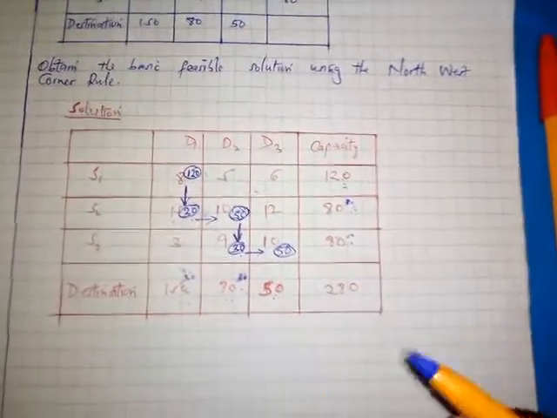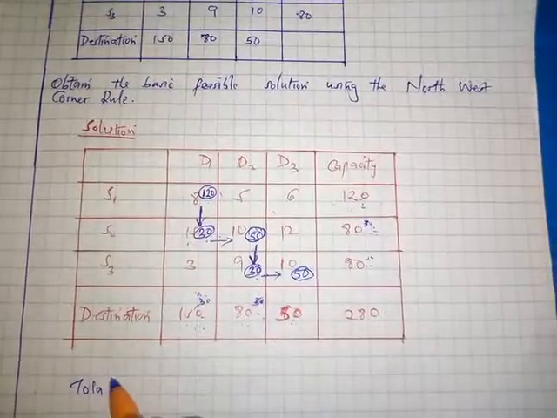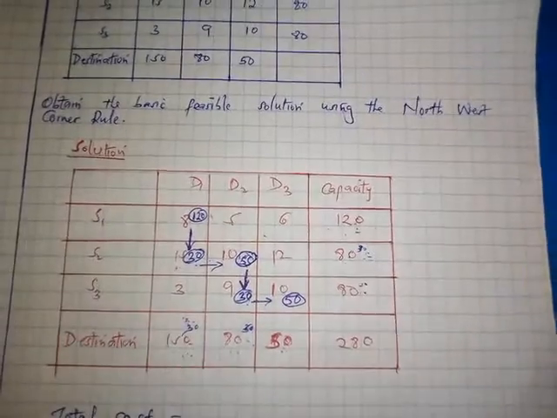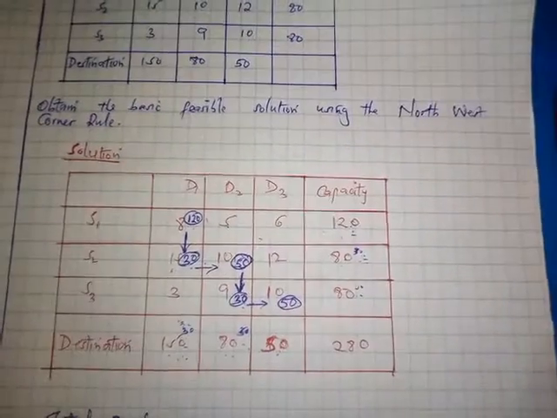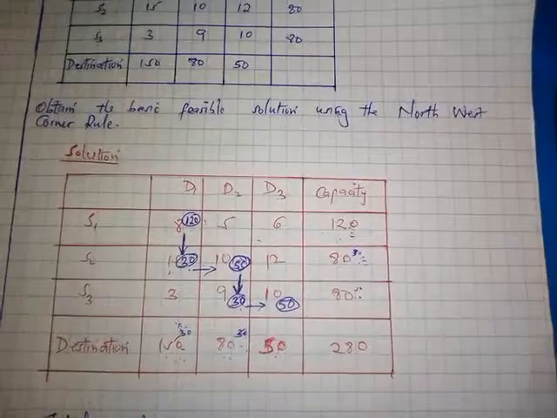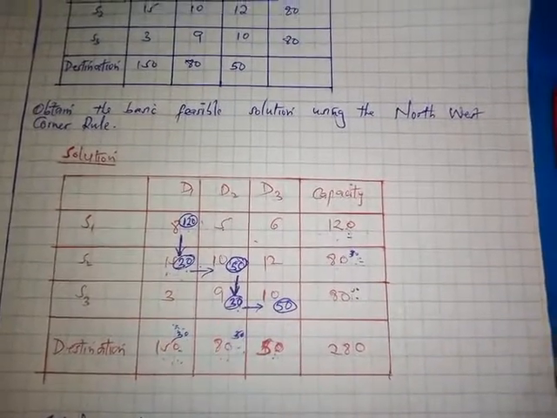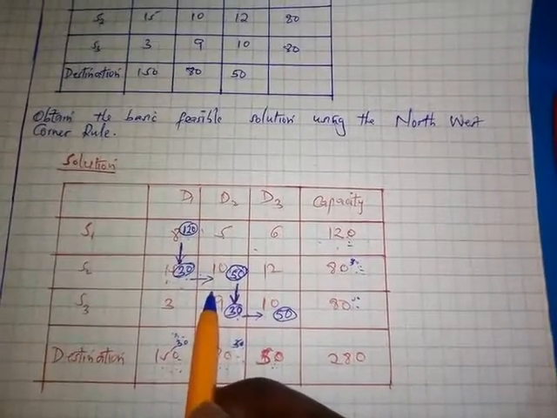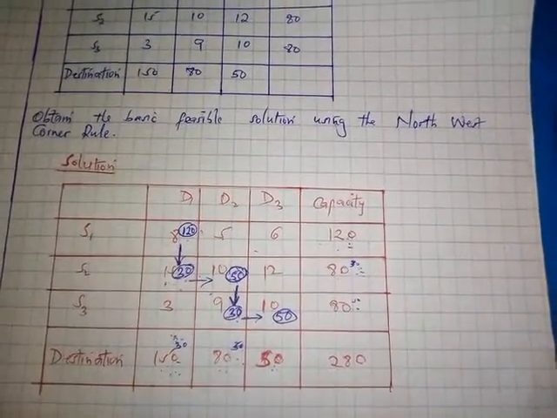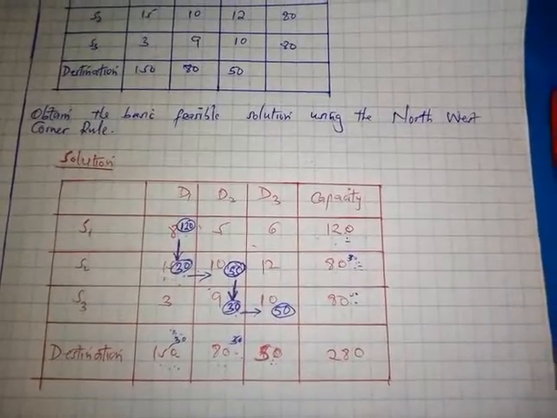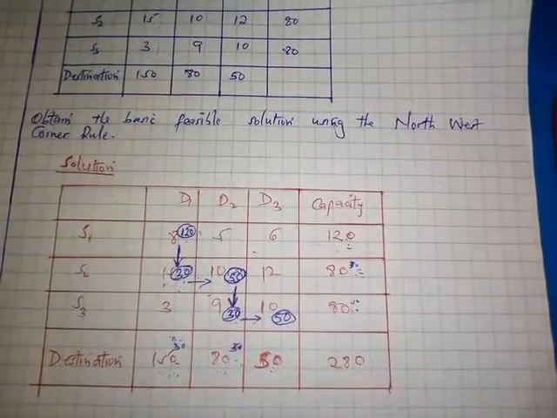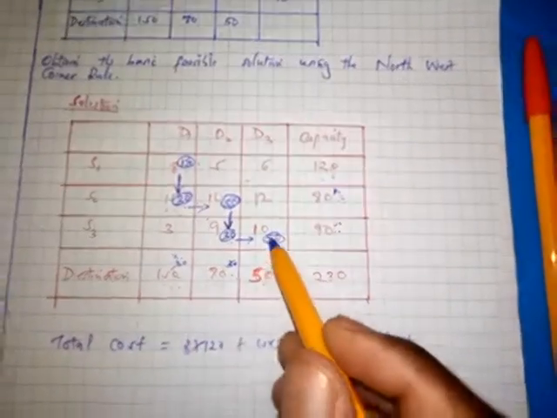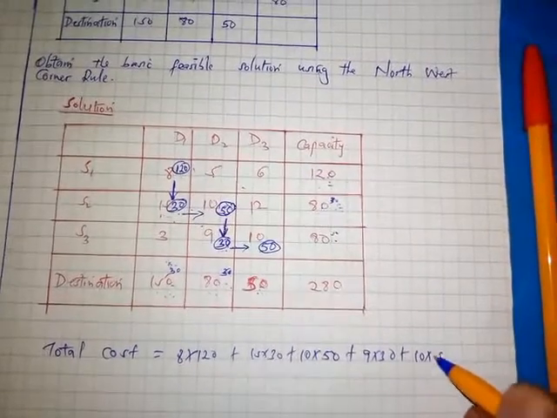So to get the total cost, we multiply 8 times 120, plus 15 times 30, plus 10 times 50, plus 9 times 30, plus 10 times 50.